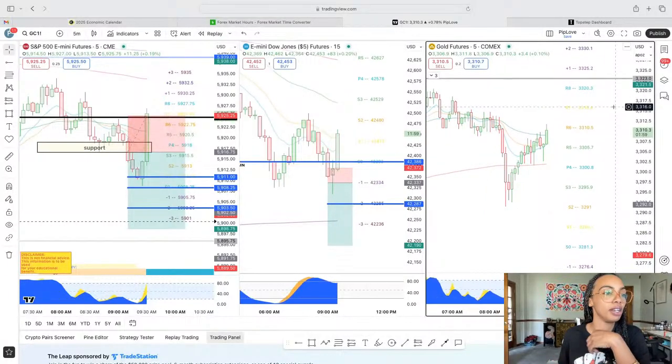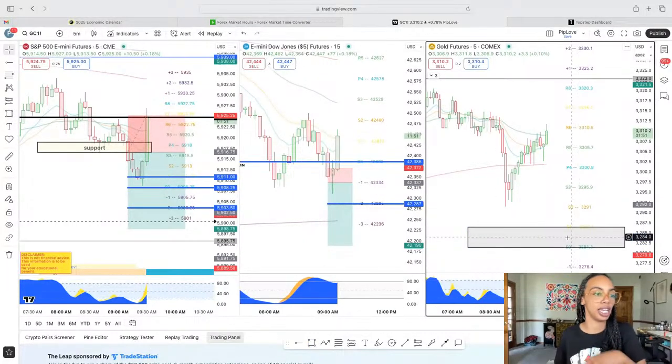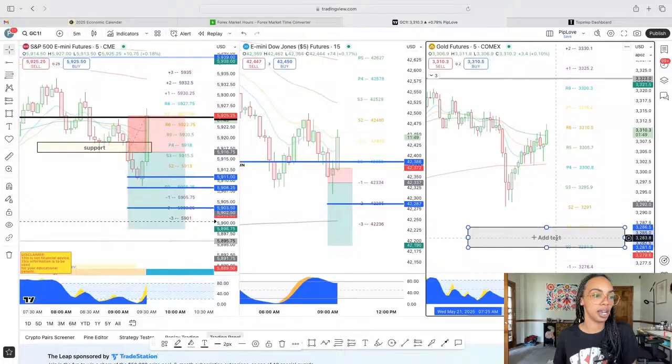Okay, so 5-minute for gold is kind of telling us our take profit. If we're still selling, it's down here at the 32.86, 32.81 kind of area.